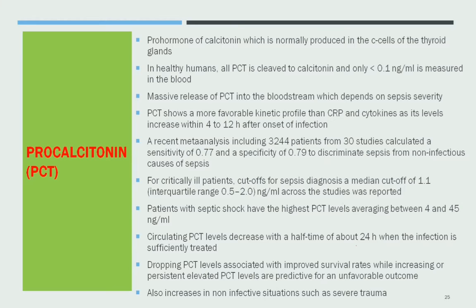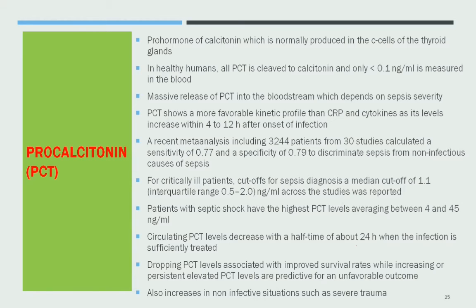Patients with septic shock have the highest procalcitonin levels, averaging between 4 to 45 nanogram per ml. Circulating procalcitonin levels decrease with a half-life of about 24 hours when the infection is sufficiently treated. Dropping procalcitonin levels are associated with improved survival rates, while increasing or persistently elevated procalcitonin levels are predictive of an unfavorable outcome.